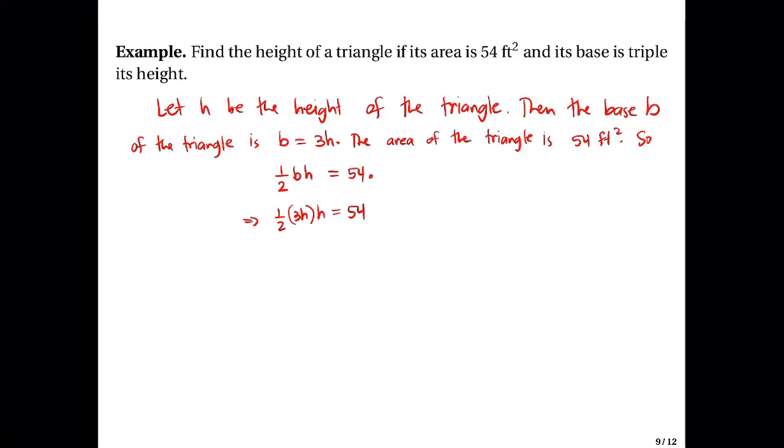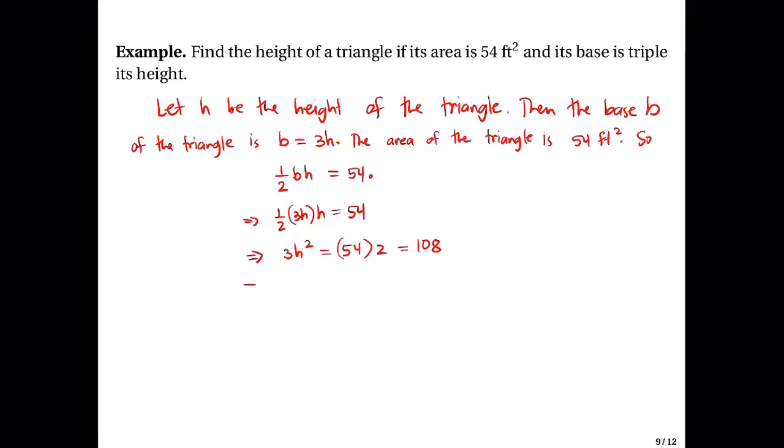So we will have here 3h squared equal to 54 times 2. So I'll put this 2 on the other side, so we multiply by 2, and this is equal to 108.